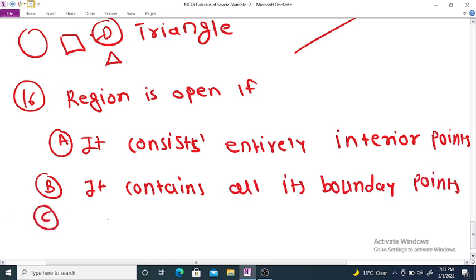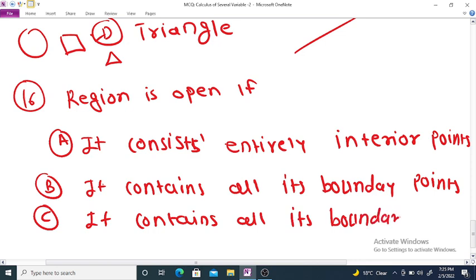C, it contains all its boundary points and interior points.